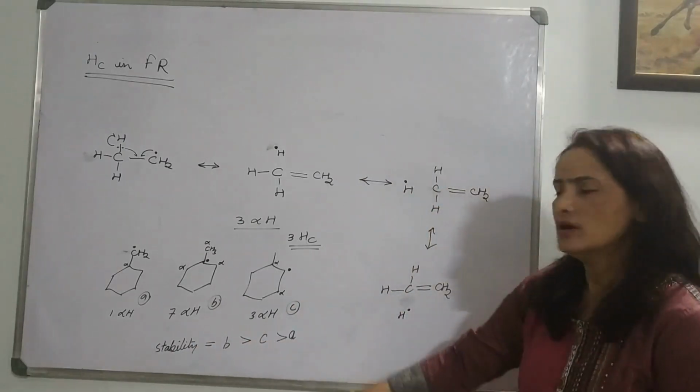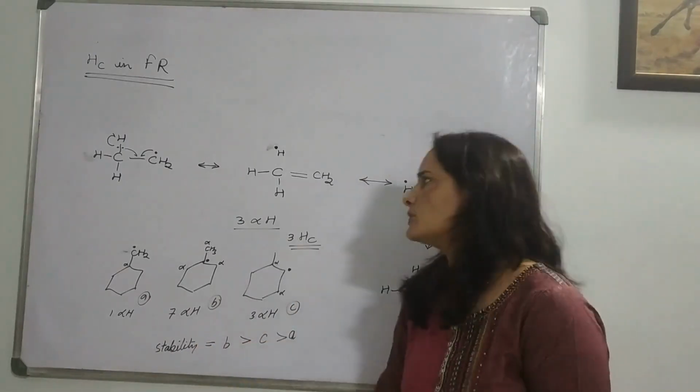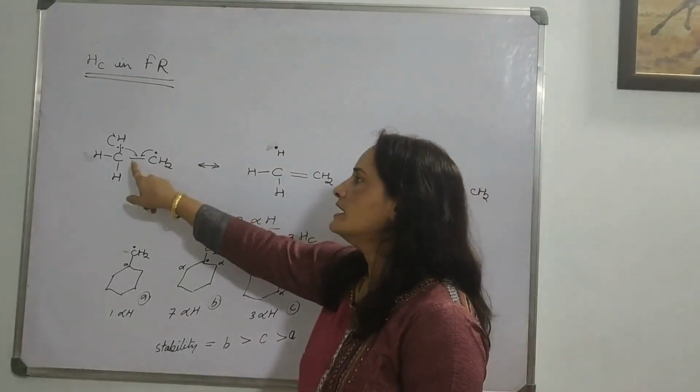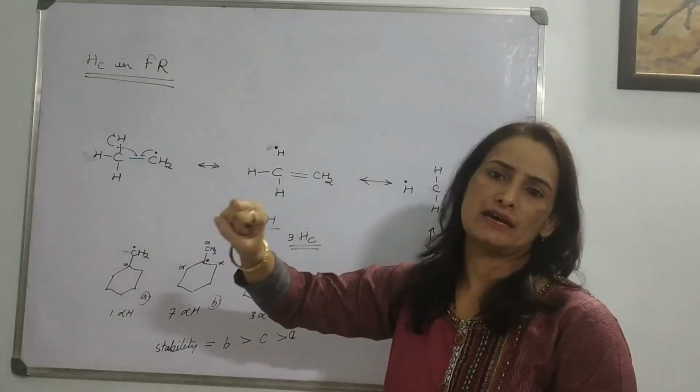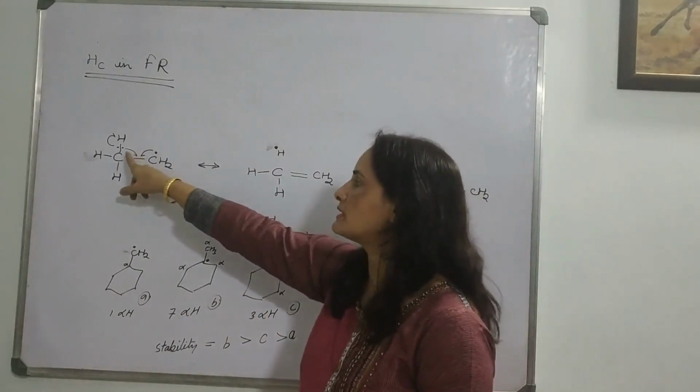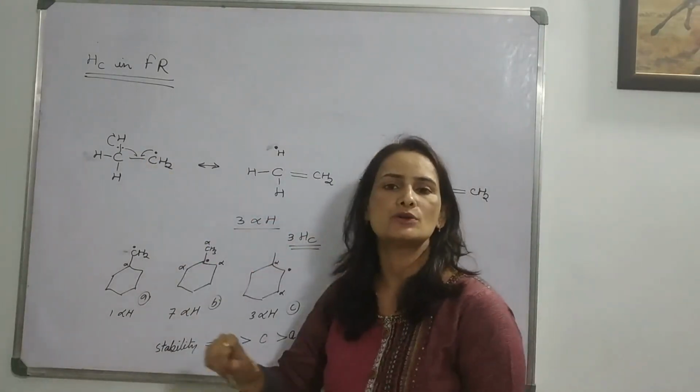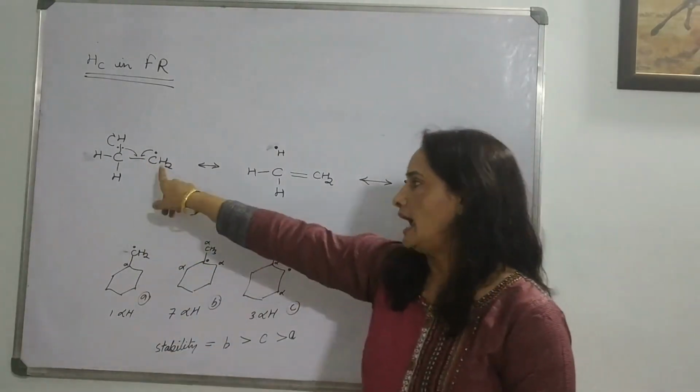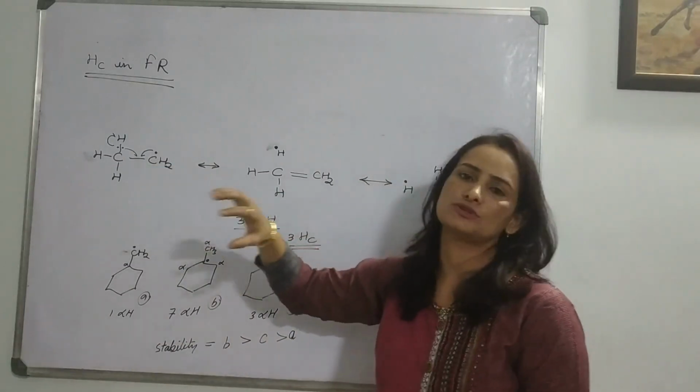Okay? So it will run in the same way, only the difference is that instead of donating a full pair of the sigma bond, it will give only one electron, because to form a bond only 2 electrons are required and 1 electron is already present on the carbon.